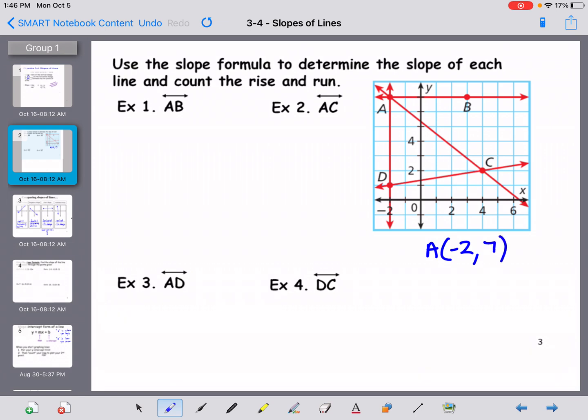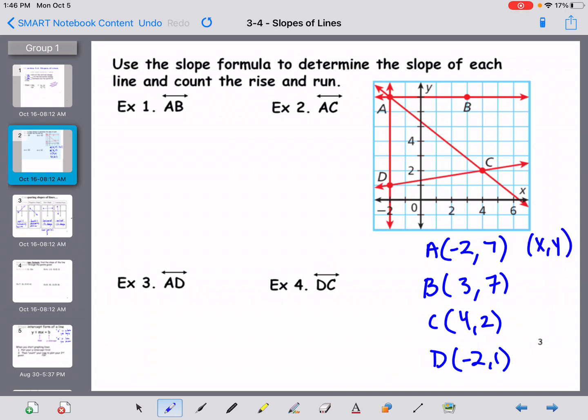Let me double check that. B is 3, 7. C is 4, 2. And point D is -2, 1. All right. So remember, it's always X and then Y.